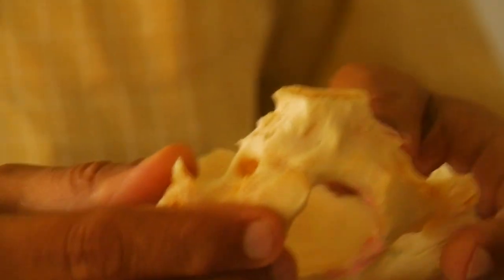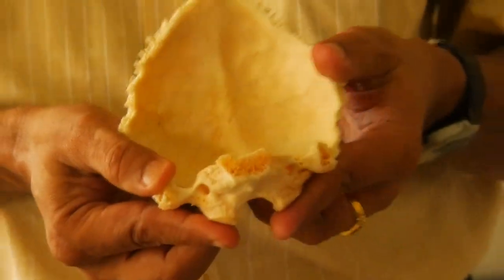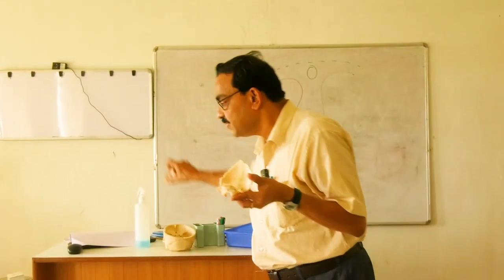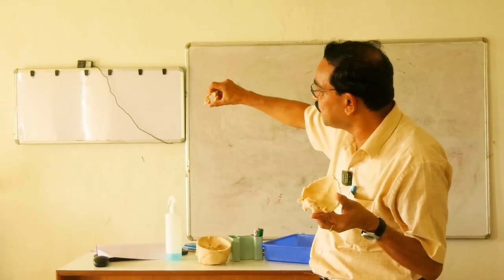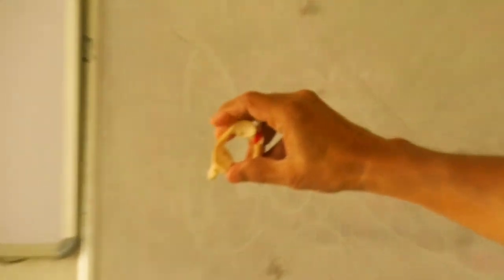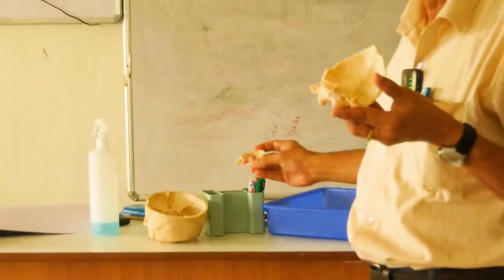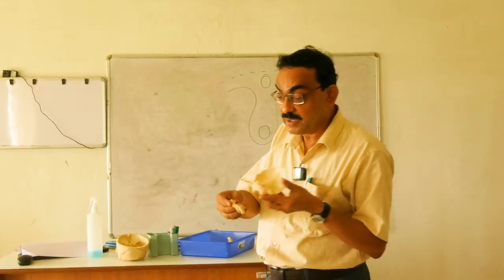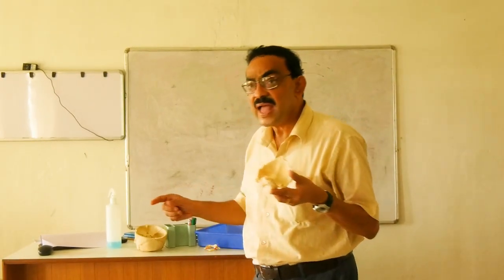And this is for articulation with the reciprocal articular area of the atlas, which forms the atlanto-occipital joint.